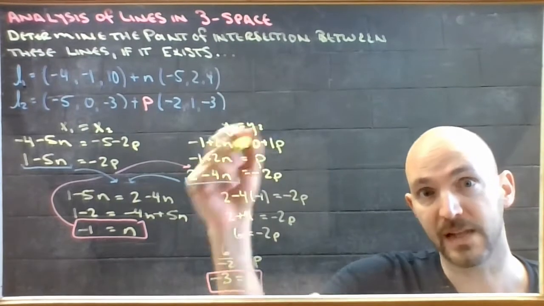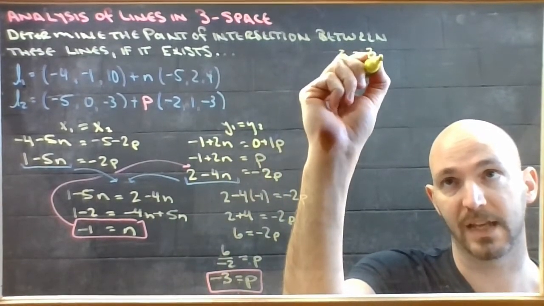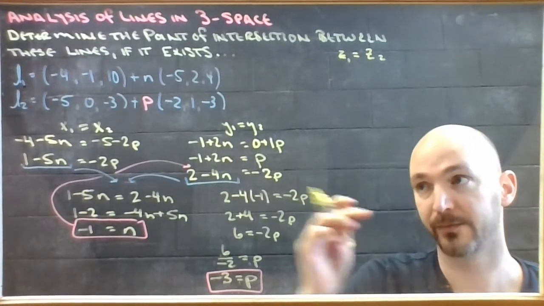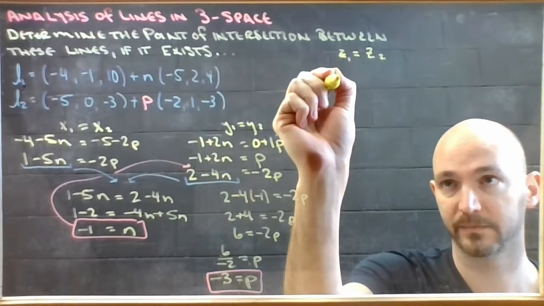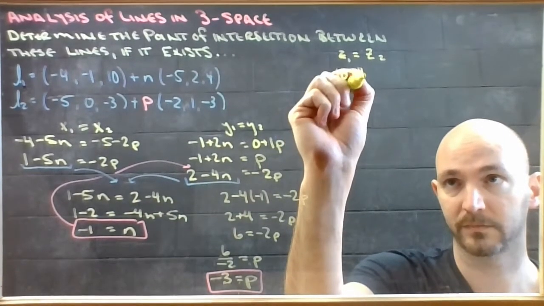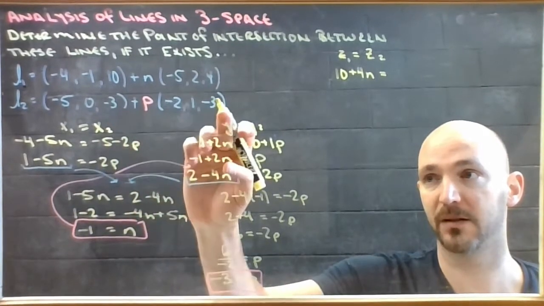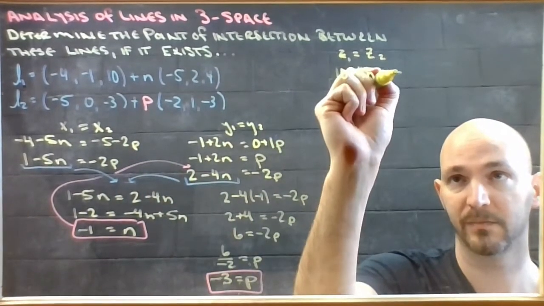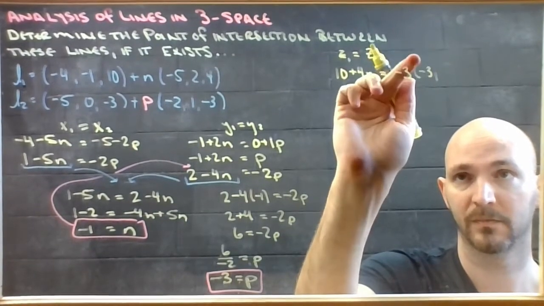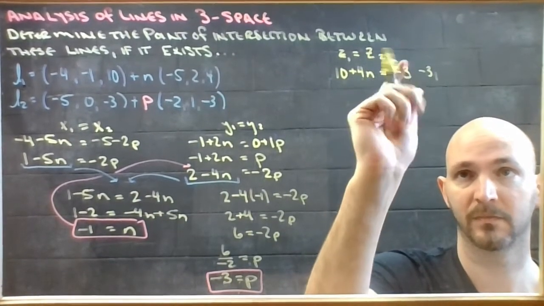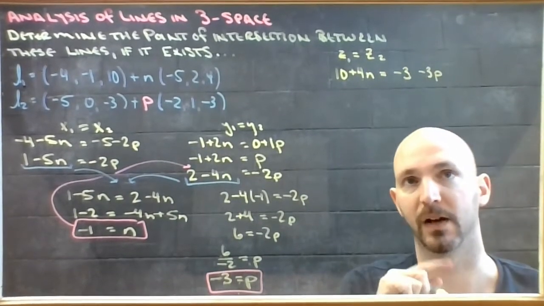So if these actually cross, then z1 has to equal z at line 2. The z coordinates for 1 are 10 plus 4 n's. The z coordinates on 2 are -3 minus 3 p's. Alright.